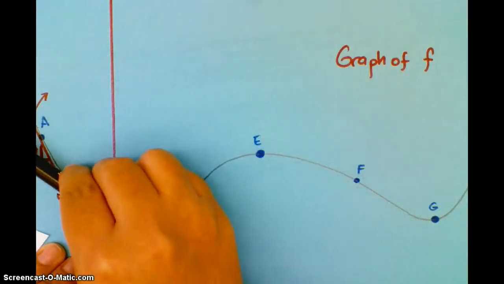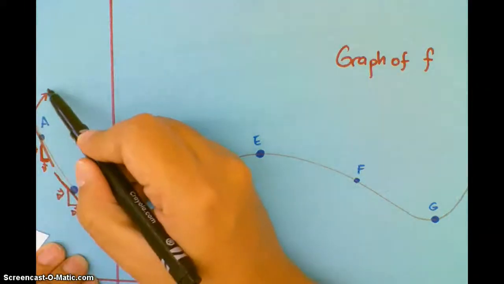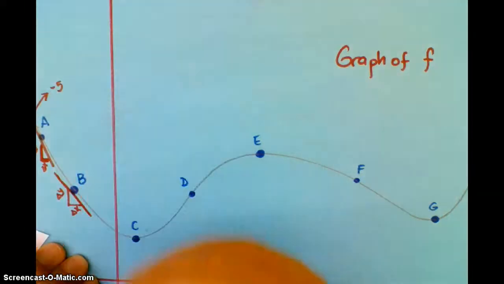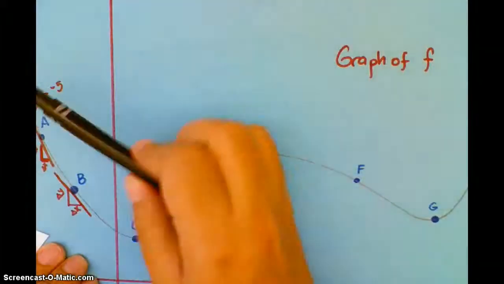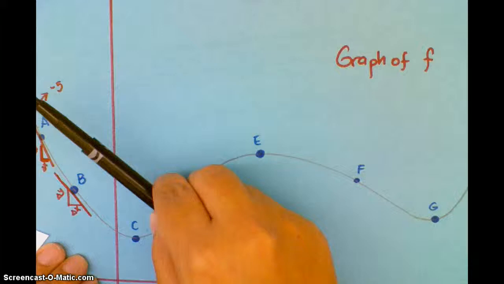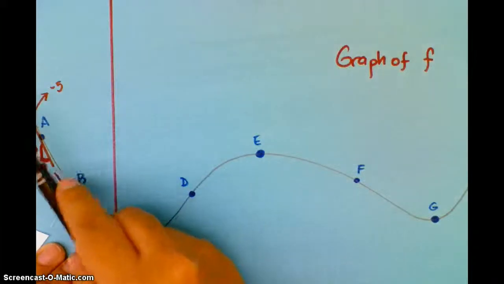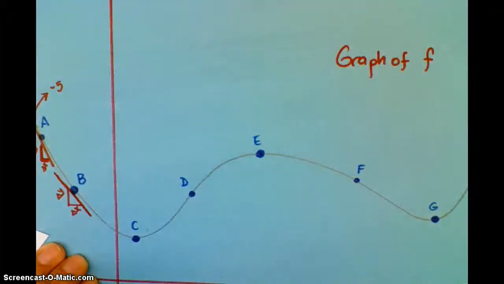So this will not be -1, this will be more negative than that. So let me estimate it at -5. I don't really have any units, so I can't really estimate it, but I know that if it's at 45 degrees, it will be either 1 or -1. Since this is more inclined than -1, let me say that it's -5.